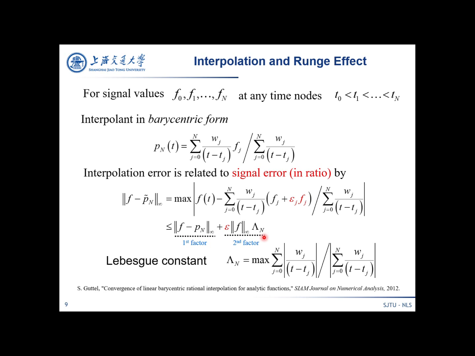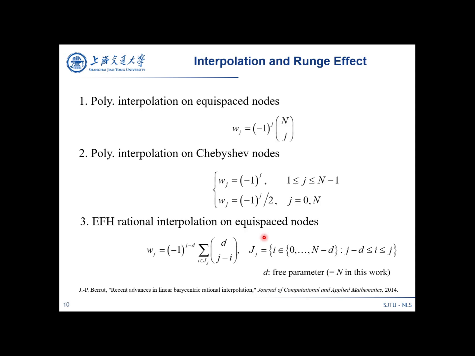of the nodes. As mentioned above, in the barycentric form of interpolant, different kinds of nodes correspond to different weights. This slide lists three kinds of interpolations we are concerned with. The first one is polynomial interpolation on equispaced nodes.